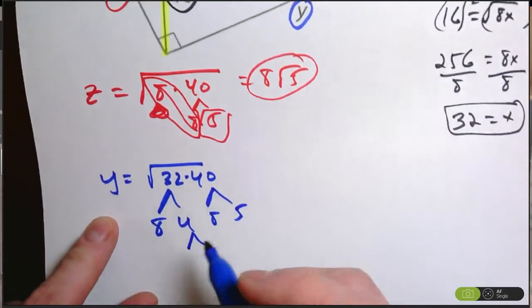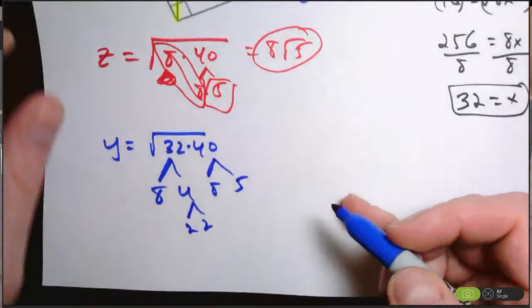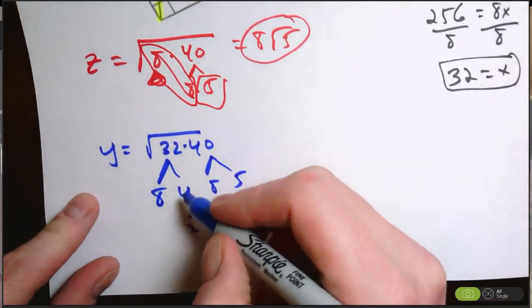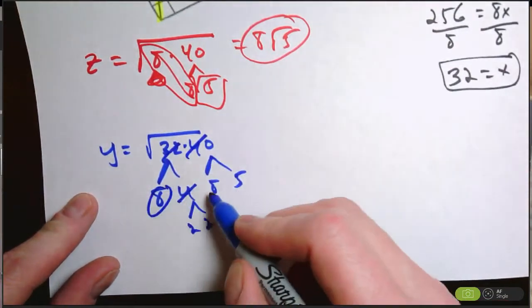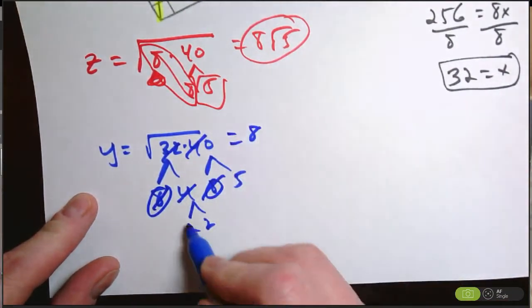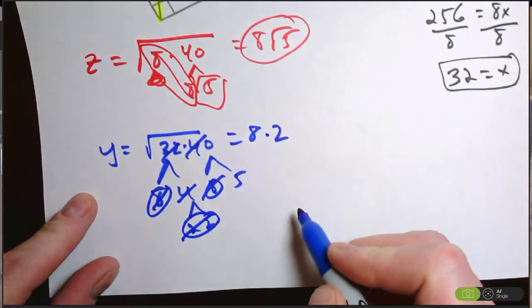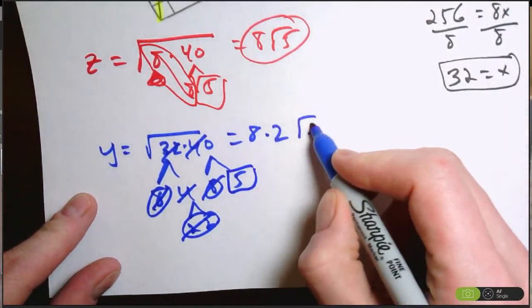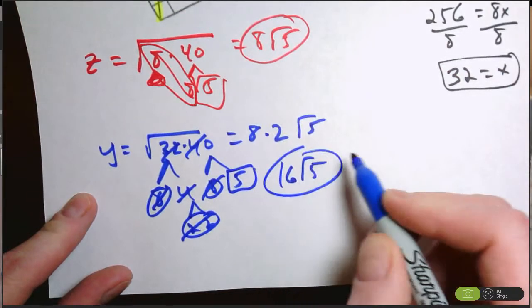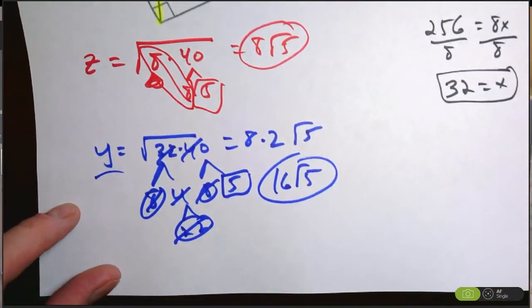Break down the 4. It's 2 and 2. And what we actually end up getting then is a pair of 8s, a pair of 2s, and then 5 left over. So y was 16 root 5.